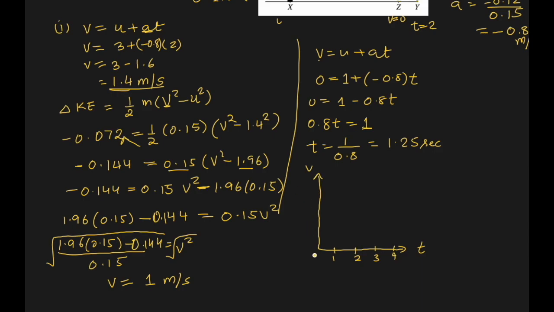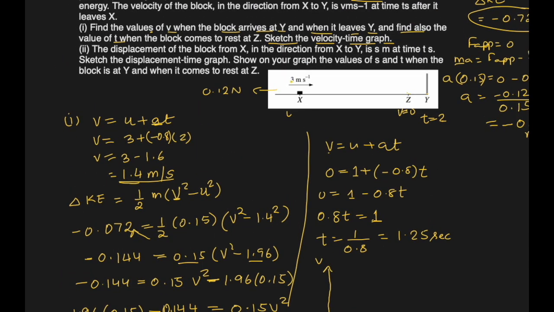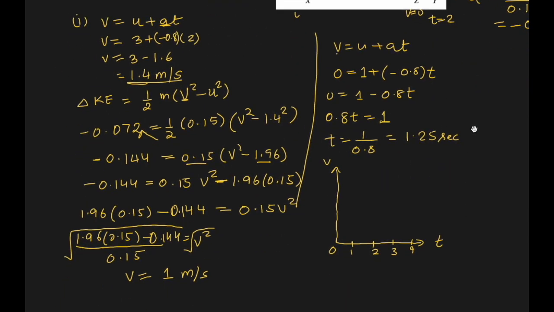So velocity at t equal to 0 was how much? It did not start from rest, it started from 3 meters per second. So we need 3 also. So we'll write 1, 2, 3, and the unit is meters per second. Here the unit is seconds. So it started at 3 meters per second here.